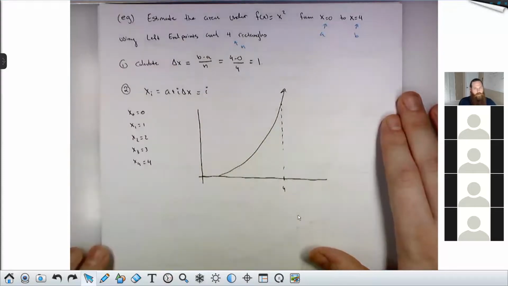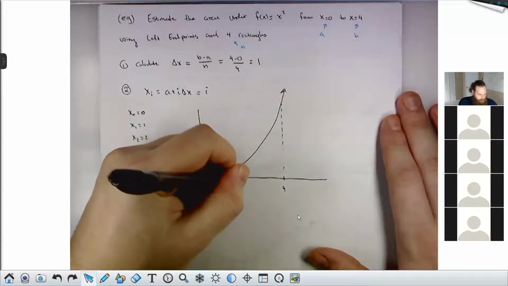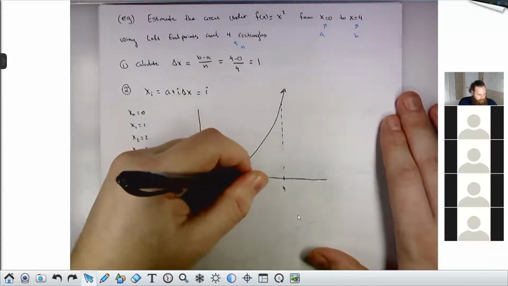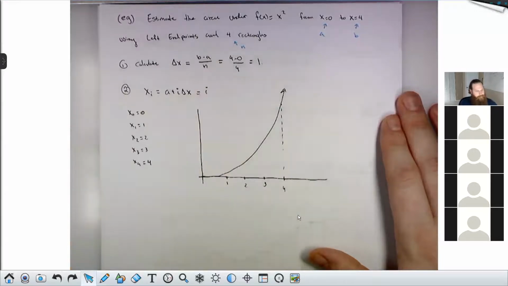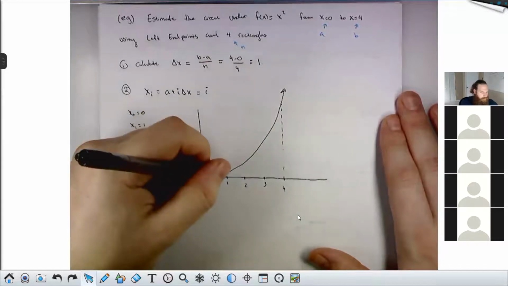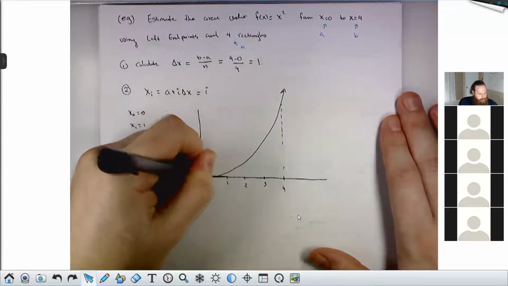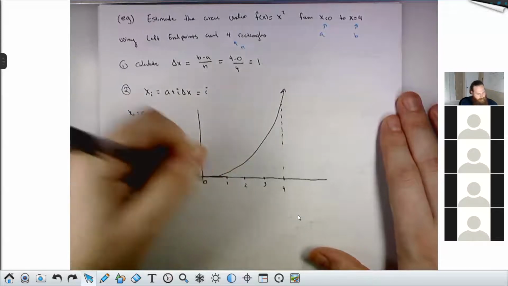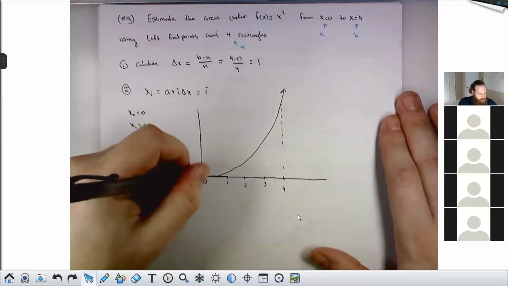So again, I'm trying to find the area under here. So I'll chop this up. Only now the height of each rectangle is determined by the value of the function at the left end point. So my first rectangle, his height is 0.